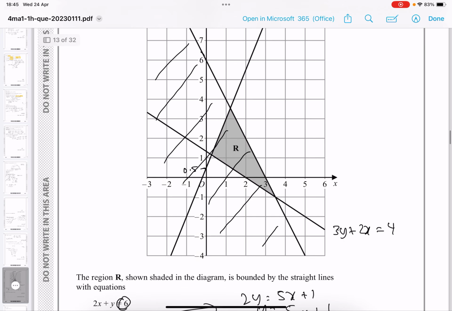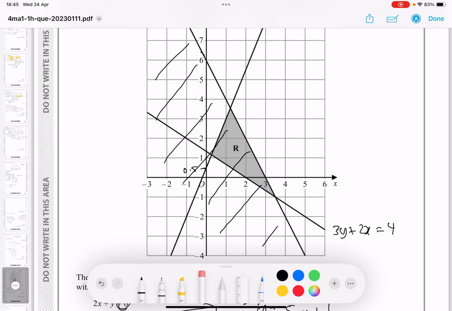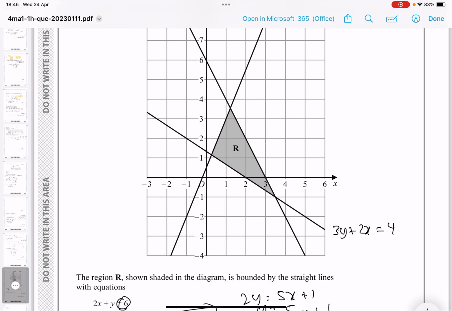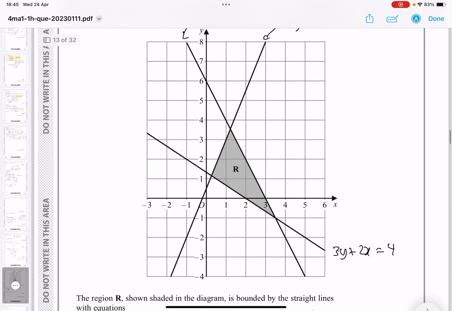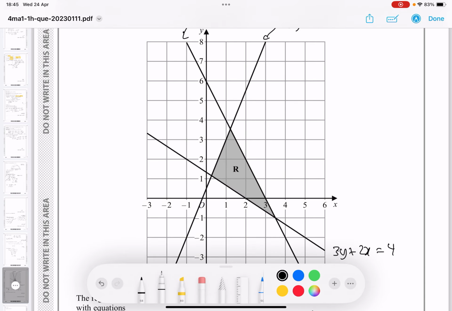Now, moving on, let's label the next inequality. 2y equals 5x plus 1. So here, if we look at it, that's the line 2y equals 5x plus 1. Okay, this line here, let me just highlight it, that's 2y equals 5x plus 1.